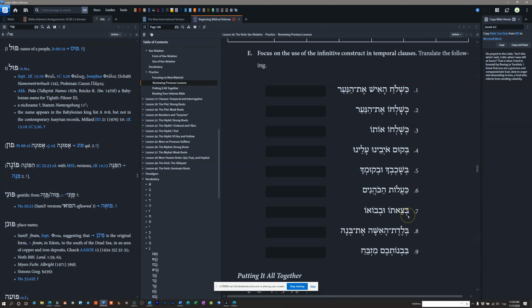So you wouldn't have to put it happened that. You could say, as he was writing the book. Lifnei, I guess it can be temporal. I'm so used to that being spatial that Lifnei Katav is hard for me, but this would basically be before he wrote the book.